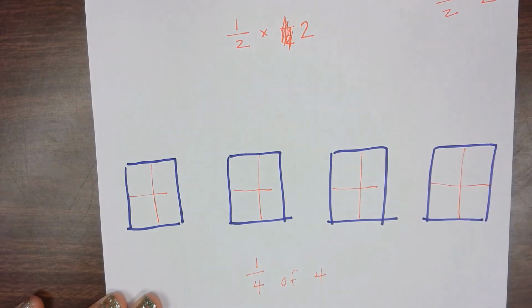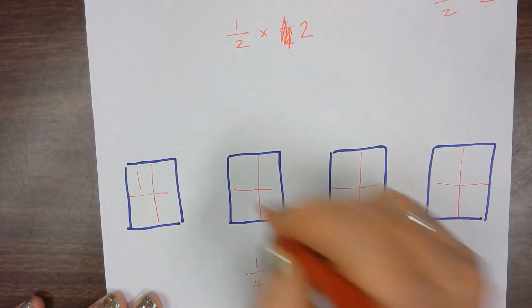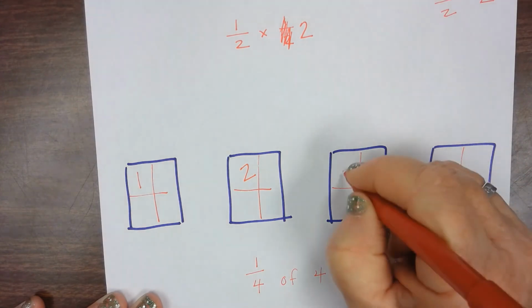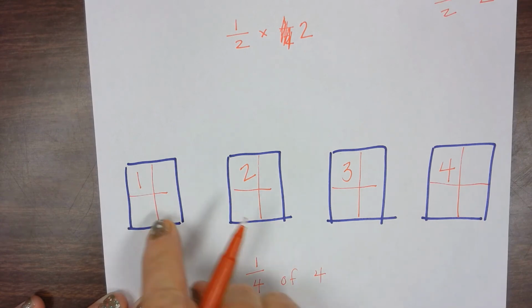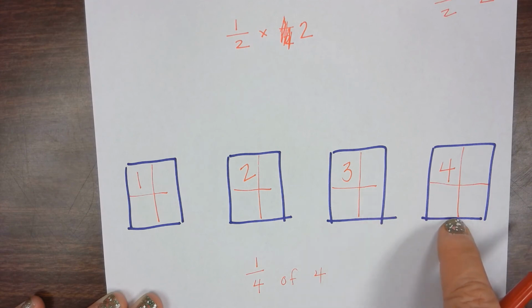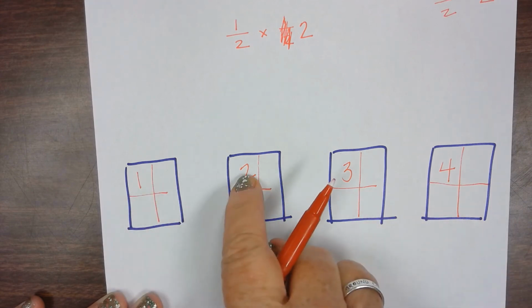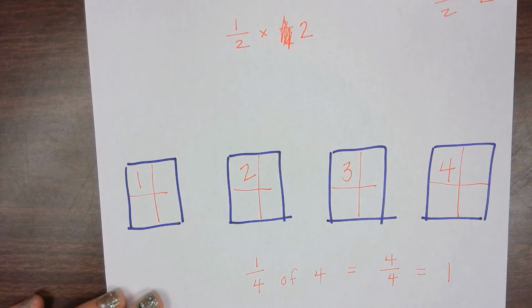And if I take this one, and this one, and this one, and this one, I took 1/4 of this one, 1/4 of this one, 1/4 of this one, and 1/4 of this one. 1/4, 2/4, 3/4, 4/4. One-fourth of 4 is 1. I take 1 of the 4, or if I take 1/4 of each one.